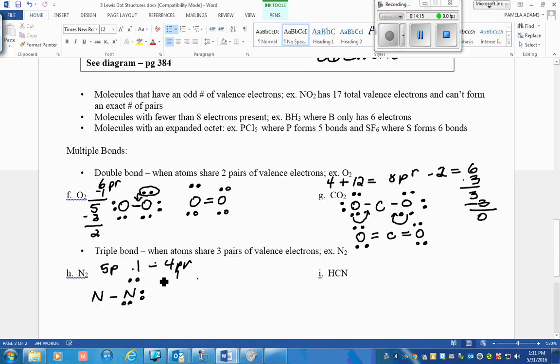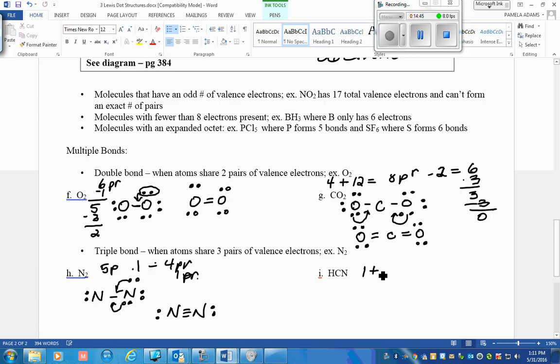That one's done, leaving me with 1 pair for this central atom, and that is not satisfying its octet. But if I make 2 of these lone pairs into shared pairs, I have a Lewis dot diagram that looks like this, and both atoms have 8 electrons associated with them, so satisfying the octet rule here.